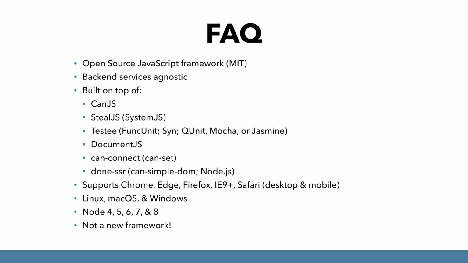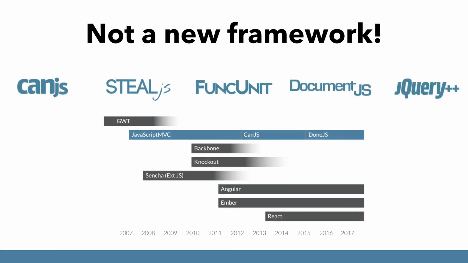So Done.js is a little bit new in name. It's been around for almost 2 years in name, but it has a history that's a lot longer than a lot of the current flavor of the month, flavor of the year frameworks, and has certainly outlived some frameworks too.